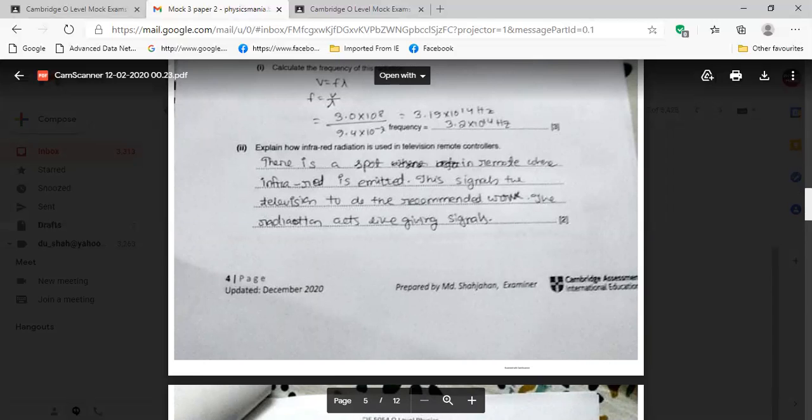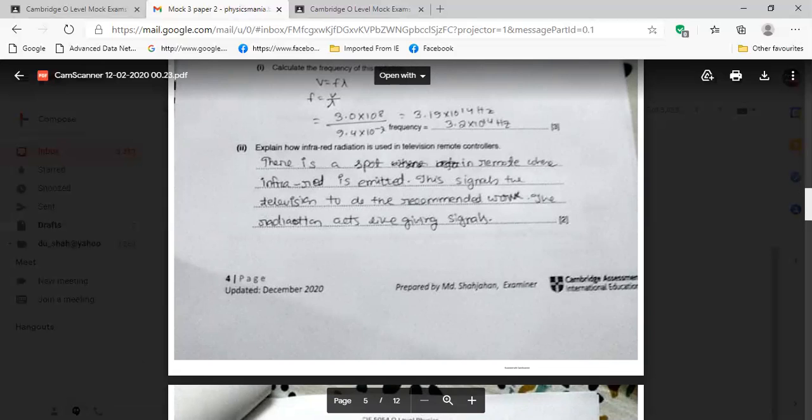And that one is again converted to, what should we say? First we give the electromagnetic wave, infrared. That one is converted to electric signal, right, in the television.